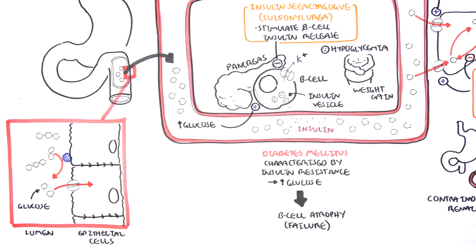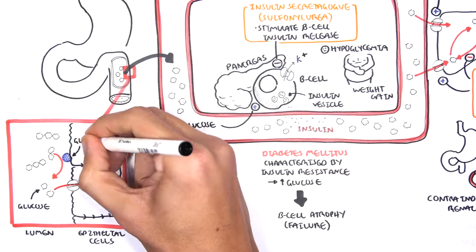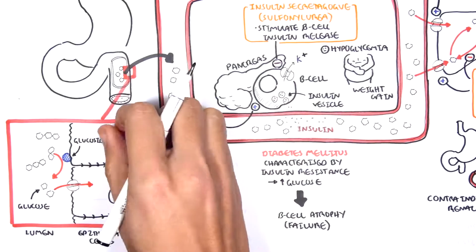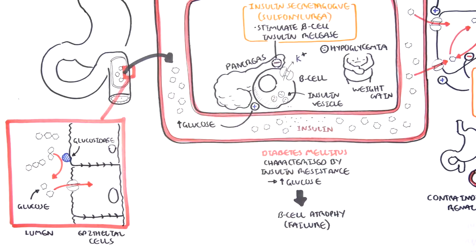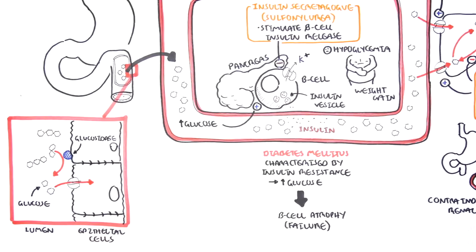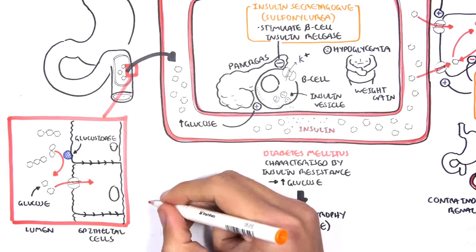Glucose is what is being absorbed and enters the blood. The enzymes responsible for the final breakdown of carbohydrates, especially disaccharides, in the small intestine are brush border enzymes called glucosidase. And these are present on the apical surface of the small intestinal cells.